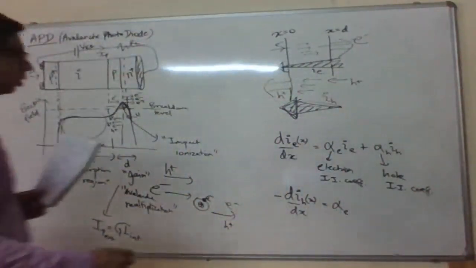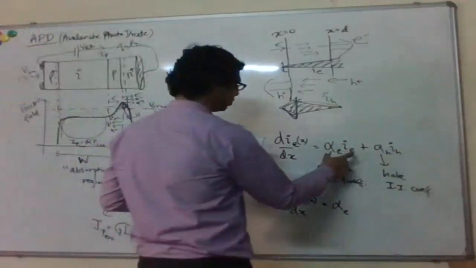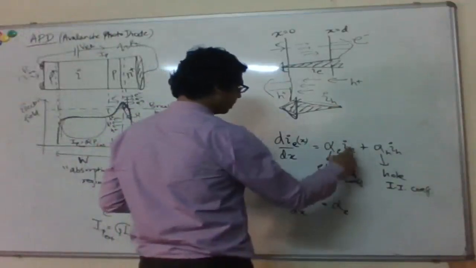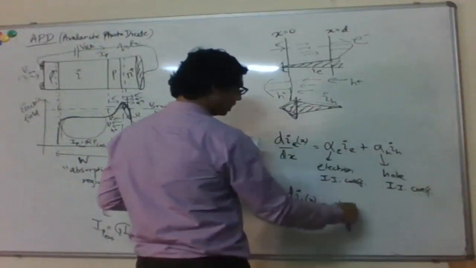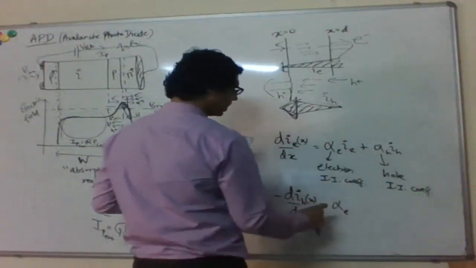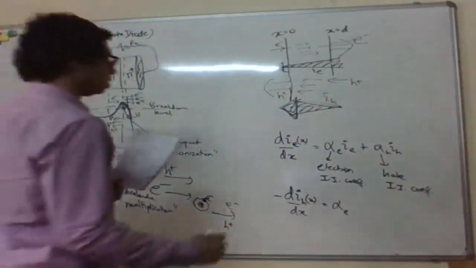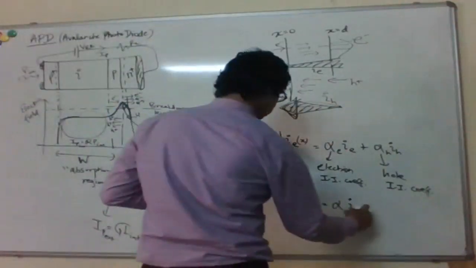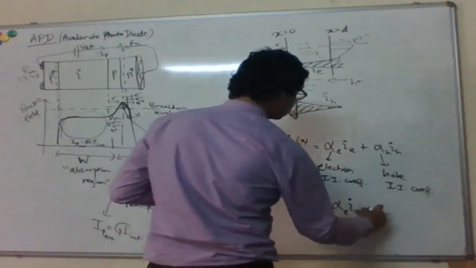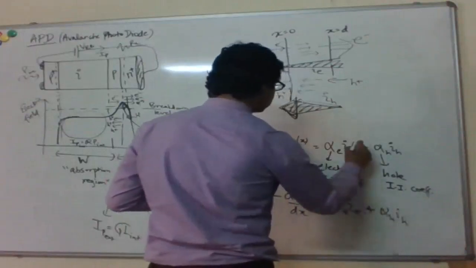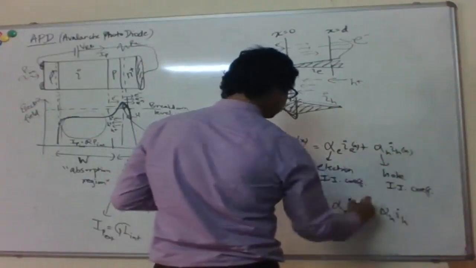This number gives me the number of electrons generated, and the same thing gives me the number of holes generated, but now they're moving in the opposite direction. Of course, these are also functions of x.